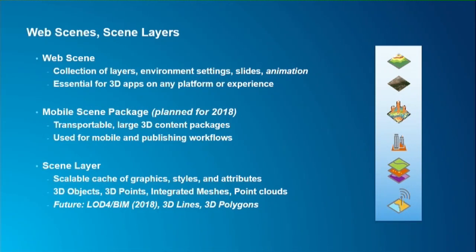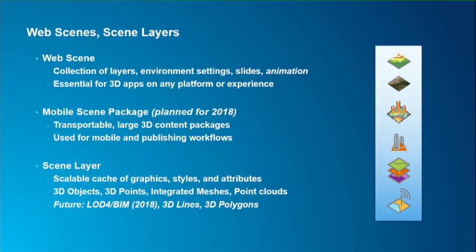When we talk about 3D technology here and tools, it's really useful to understand a couple basic concepts, and this is what Tam's going to dive into a lot more deeply today. Web scenes are containers for 3D and 2D layers and other content.